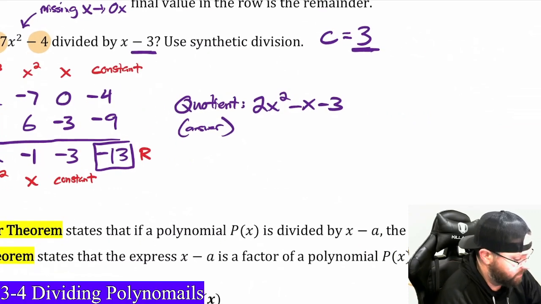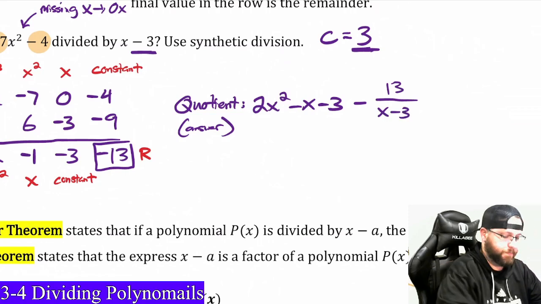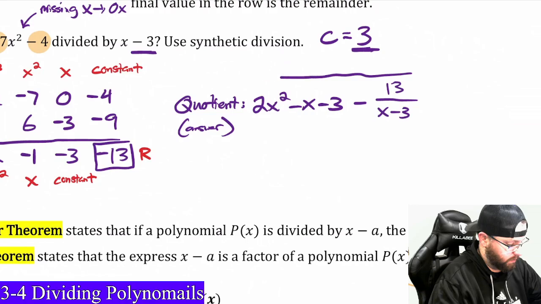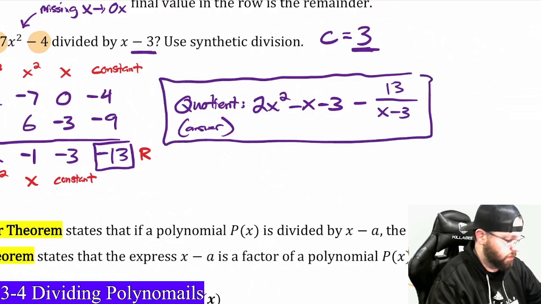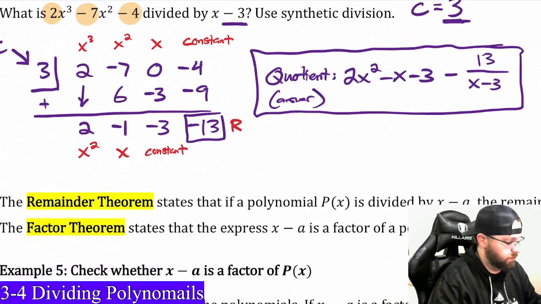And then we have this -13 as a remainder. So remember, we put that over, we're subtracting, not adding, we're subtracting 13 over our original divisor, which is x minus 3. Okay, and that is going to be synthetic division.